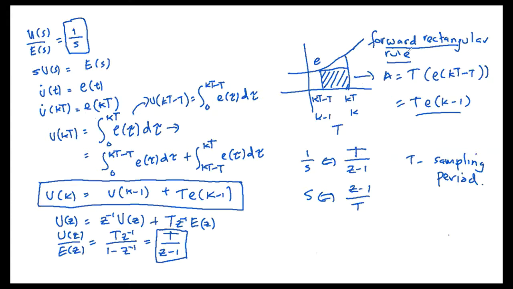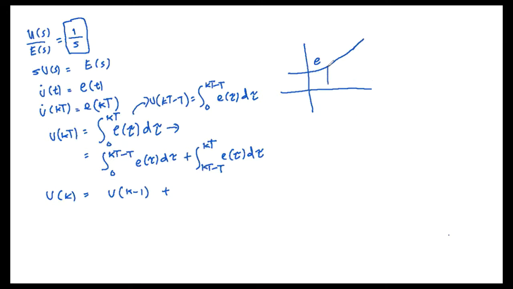So instead of the forward rectangular rule, we are going to use the backward rectangular rule to approximate the area under the curve. So to approximate the area from kt minus t to kt, where kt minus t is the same as k minus 1 and kt is just k, and the time difference between kt minus t and kt is t.